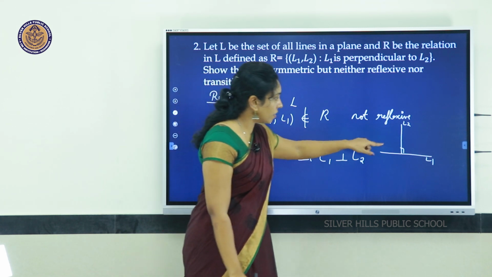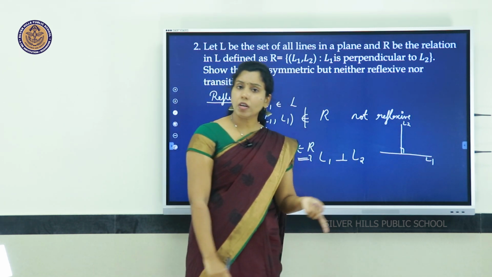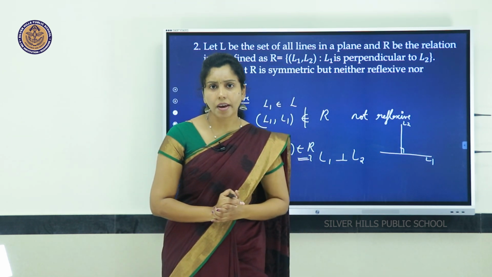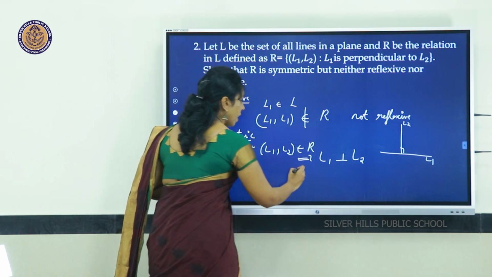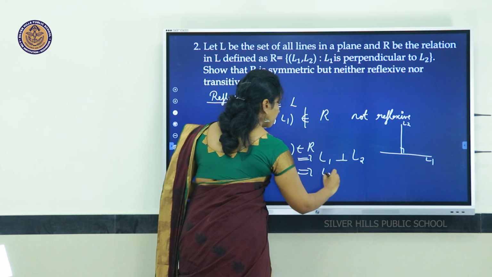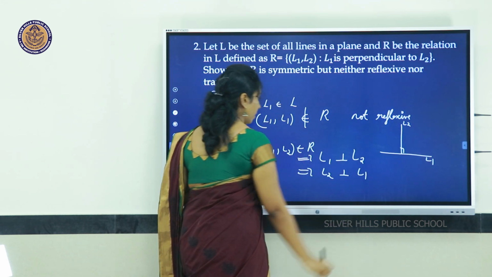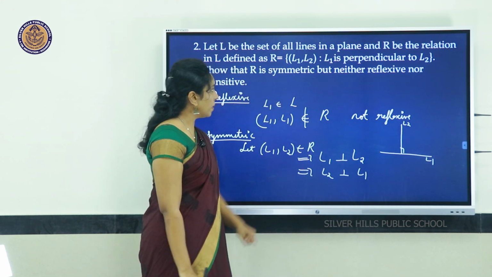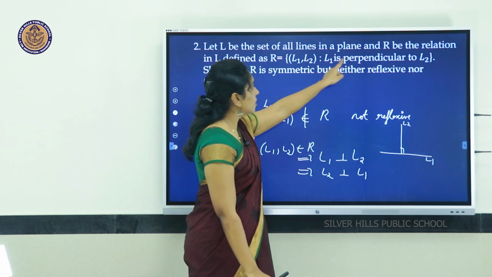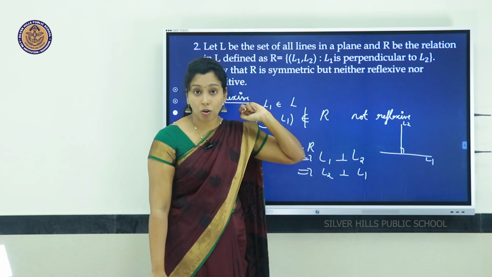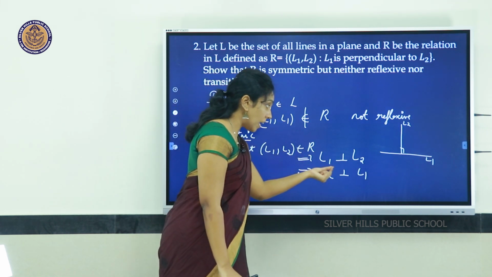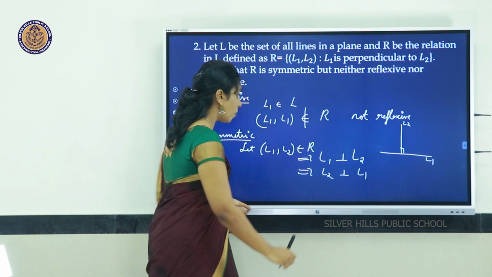Can I say the other way? Is L2 perpendicular to L1? That is also right. So L1 is perpendicular to L2 is the same as L2 perpendicular to L1. And what does that mean? If L1 is perpendicular to L2, I will write L1, L2 belong to R. Here I got L2 is perpendicular to L1.